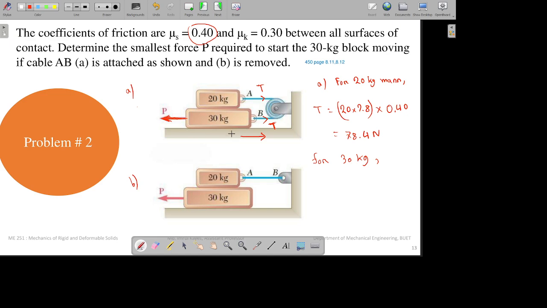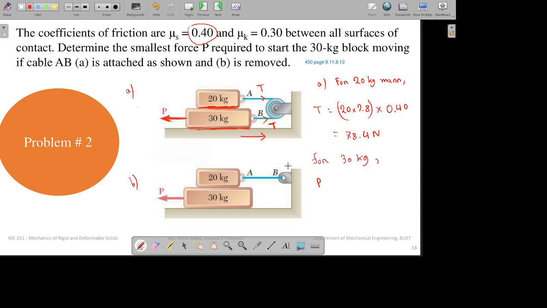The friction this time will occur for this surface over here, point of contact, and another point of contact over here. So these two surfaces will apply friction to this 30 kg block. So that is the main tricky thing over here.